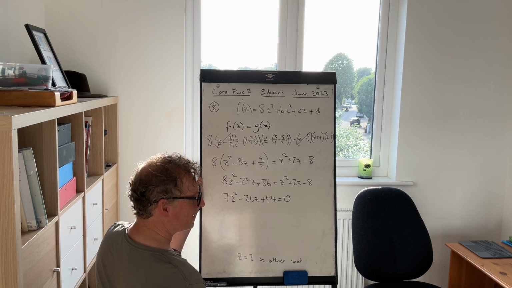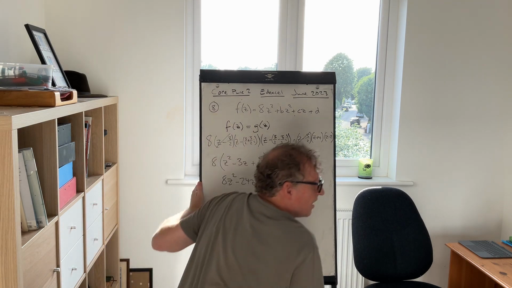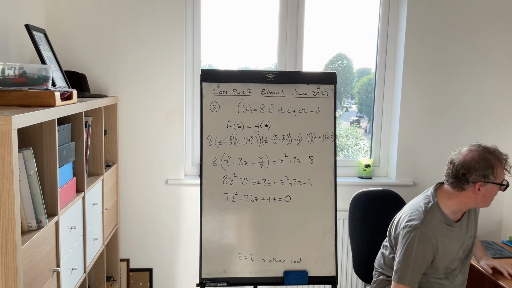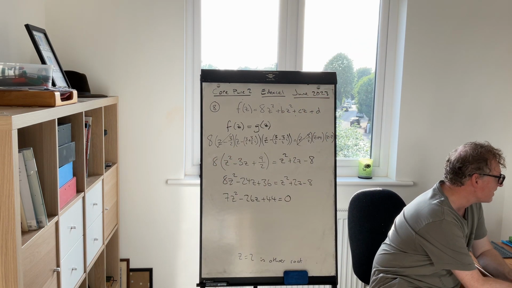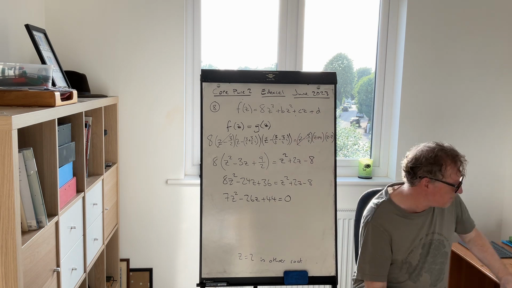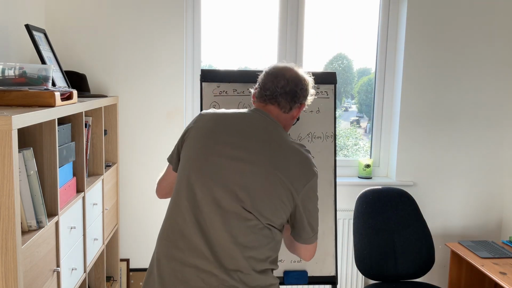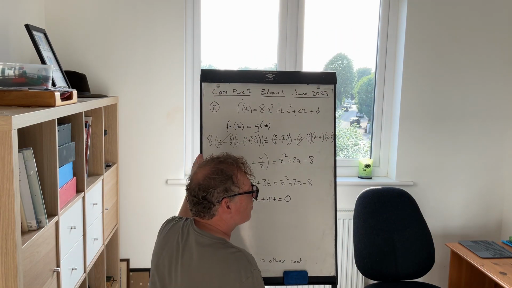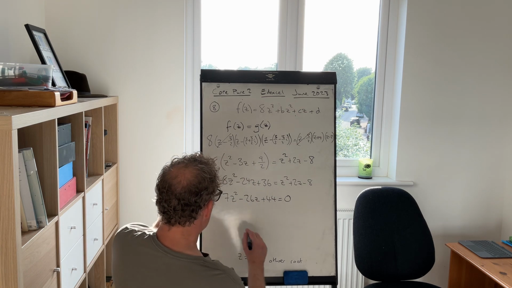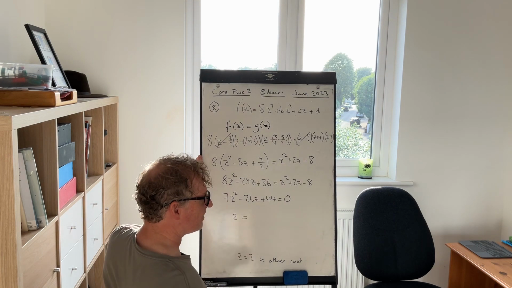Now I've just done all that working out in my head, and most likely I've made an error, but let's just check. I'm going to see if that's what I got earlier. 7z squared minus 26z plus 44. Oh, didn't make a mistake. Yeah. So, stick that into your quadratic solver, and you get actually two complex answers.